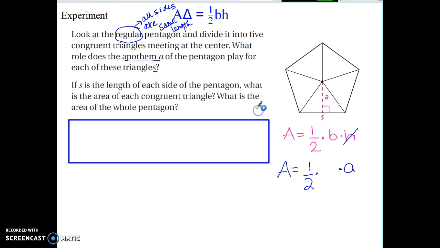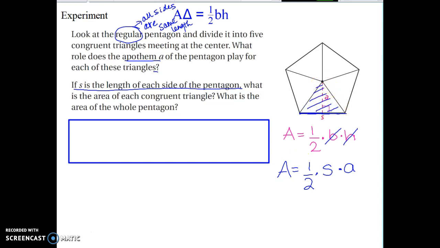Well, again, S is the length of each side. In this triangle, S would represent our base. So we can take the base out and put the side length in place of the base. The last thing is that this formula, as written, only represents the area of one triangle.